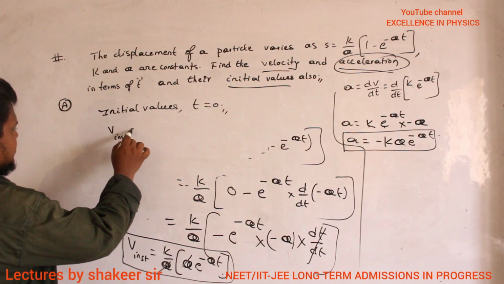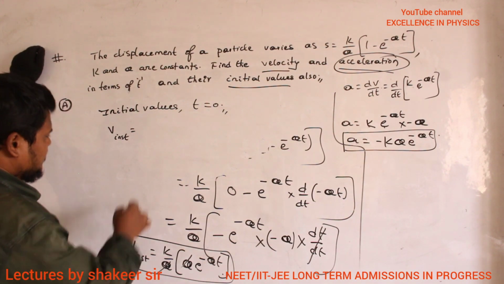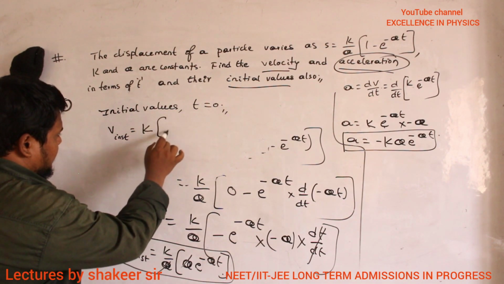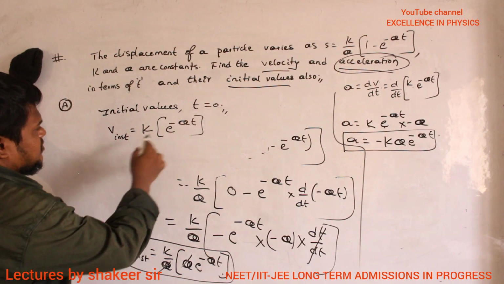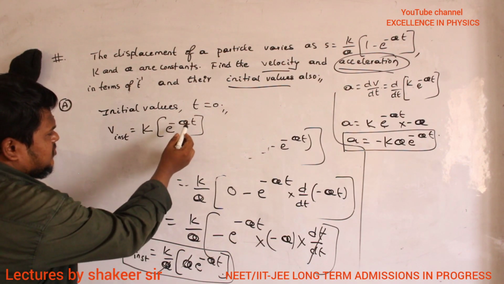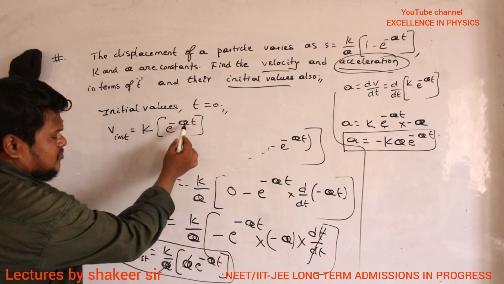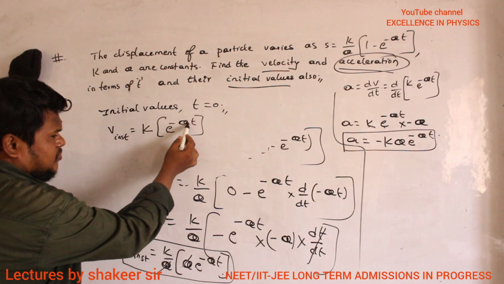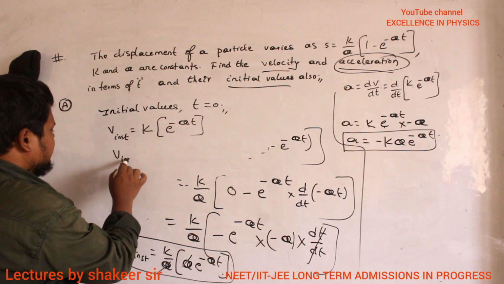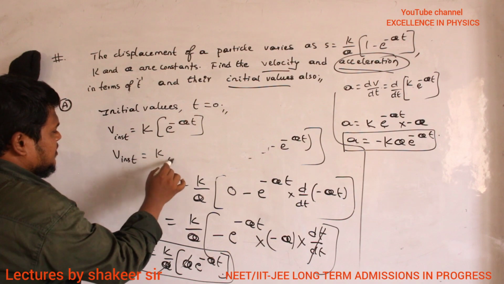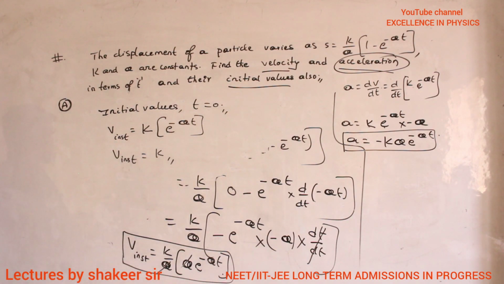V instantaneous is equal to k e power minus alpha into t. Understood? So if you substitute t is equal to 0, this total term will become 0, then e power 0. e power 0 is 1. 1 into k is k. So therefore what is my instantaneous velocity? K is my answer. That's all.